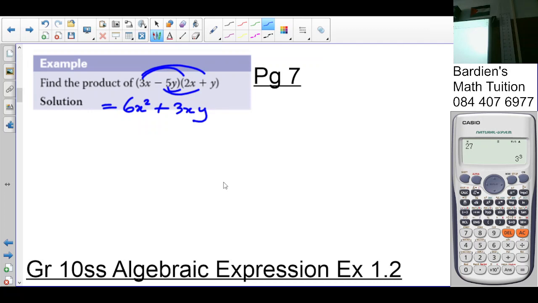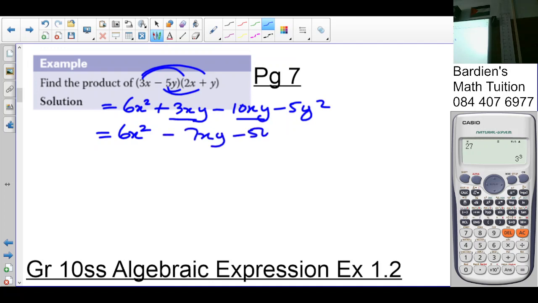Negative 5y times 2x is negative 10xy, and negative 5y times y is negative 5y squared. So again, we're going to look for like terms. It's going to be 6x squared, 3xy minus 10xy is minus 7xy, minus 5y squared.